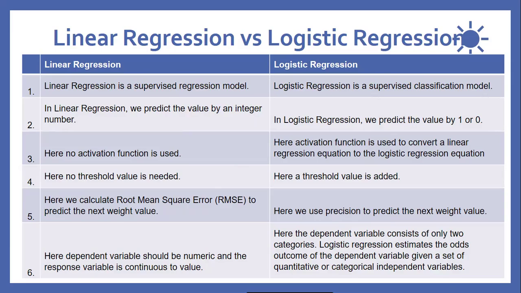In logistic regression, the dependent variable consists of only two categories. Logistic regression estimates the odds outcome of the dependent variable given a set of quantitative or categorical independent variables.